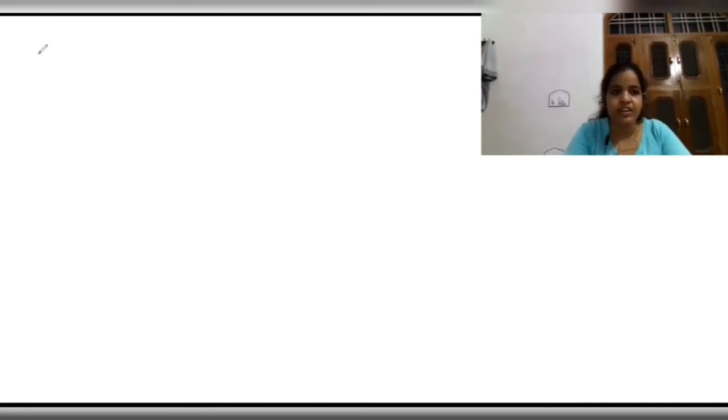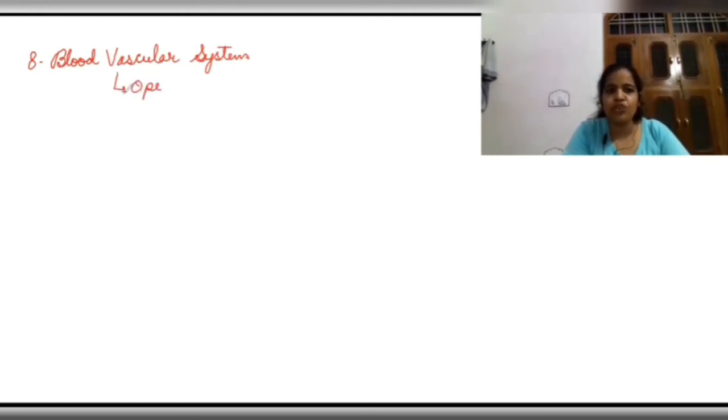So number 8 is blood vascular system. And what are the two groups? One is open, where no proper tubules are there, just all the organs are placed within the blood itself.